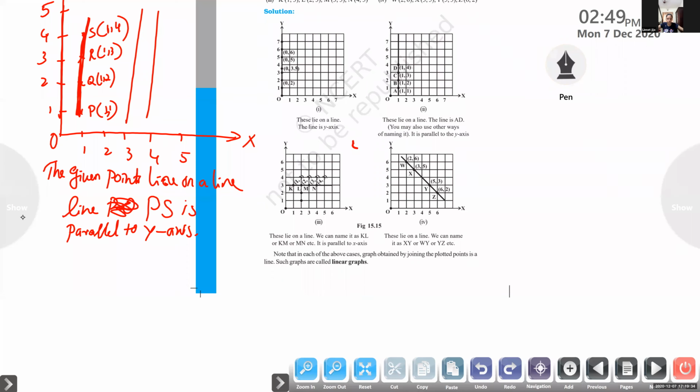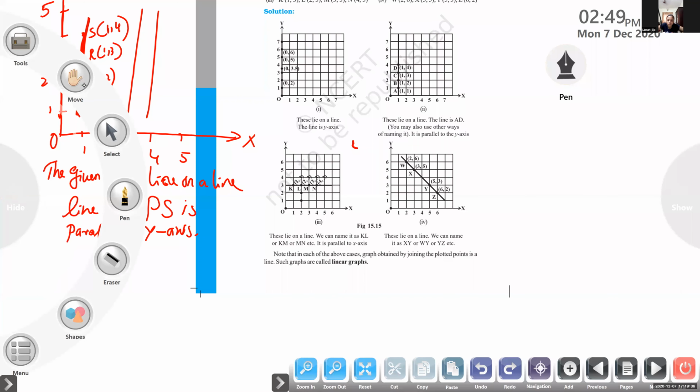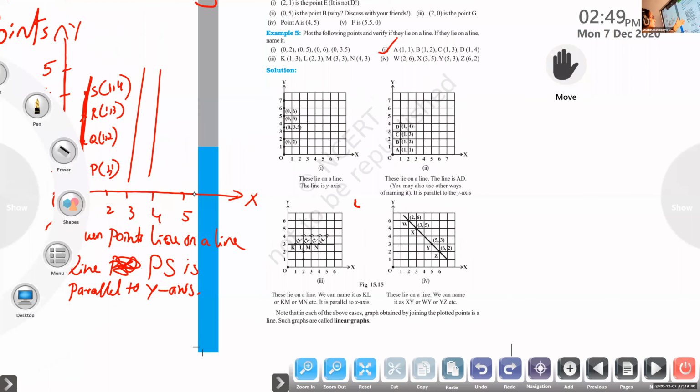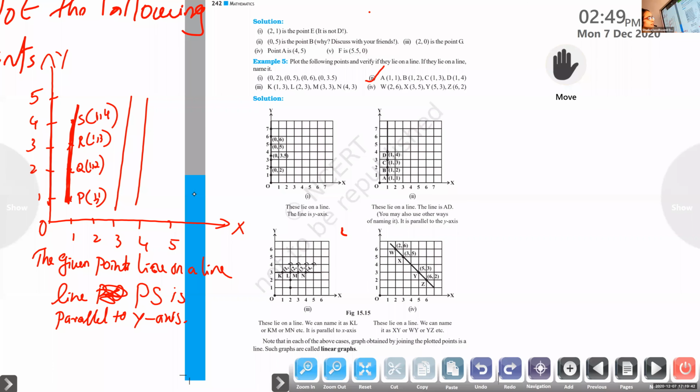All of you listen to the board. The first question. See that all the points you have plotted are on y-axis, isn't it? Yes. And look at the x coordinate of all those points.